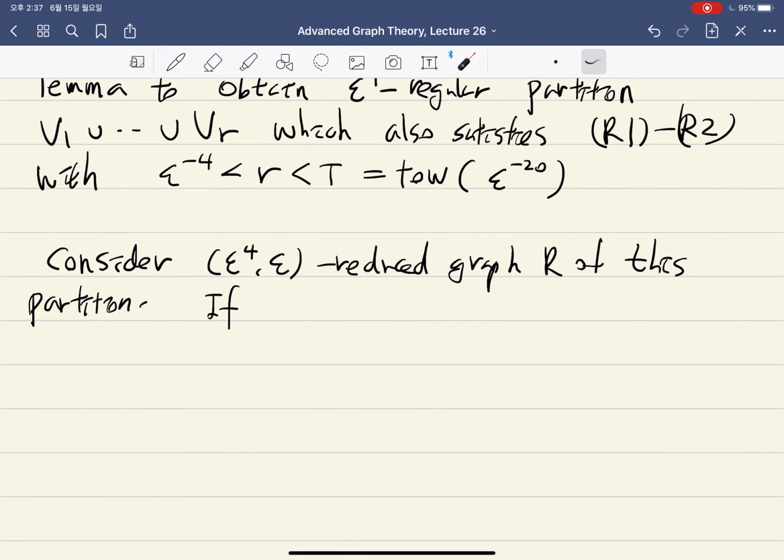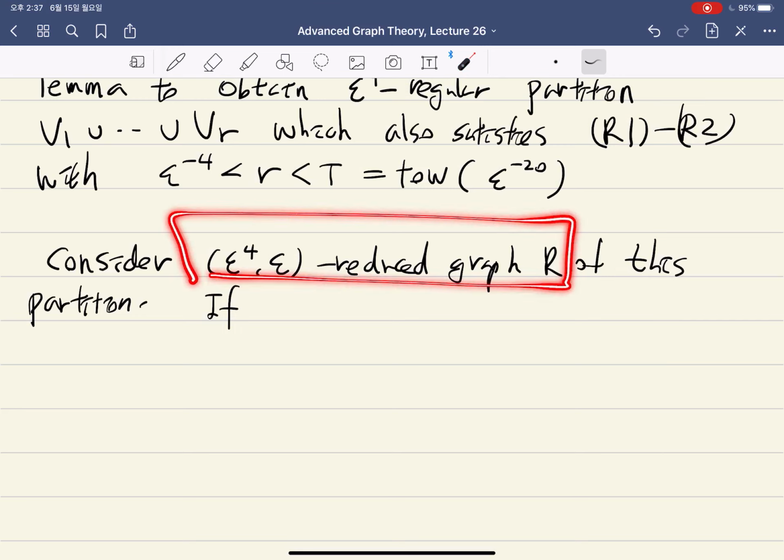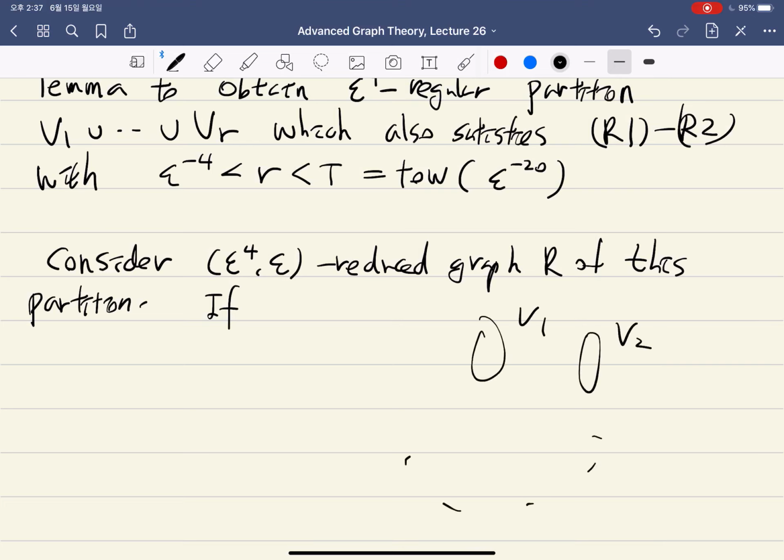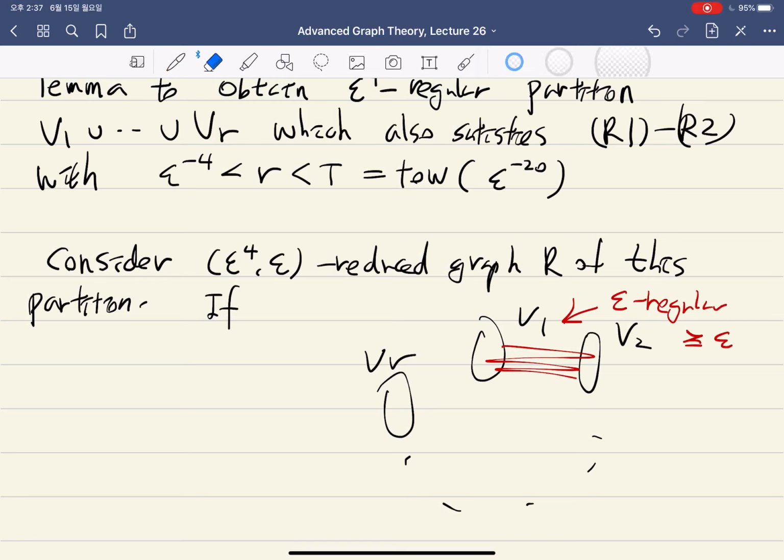Recall that this reduced graph is defined as follows: when we have the partition V1, V2, up to VR, if a pair is epsilon to the 4 regular with density at least epsilon, then we add an edge between these two.